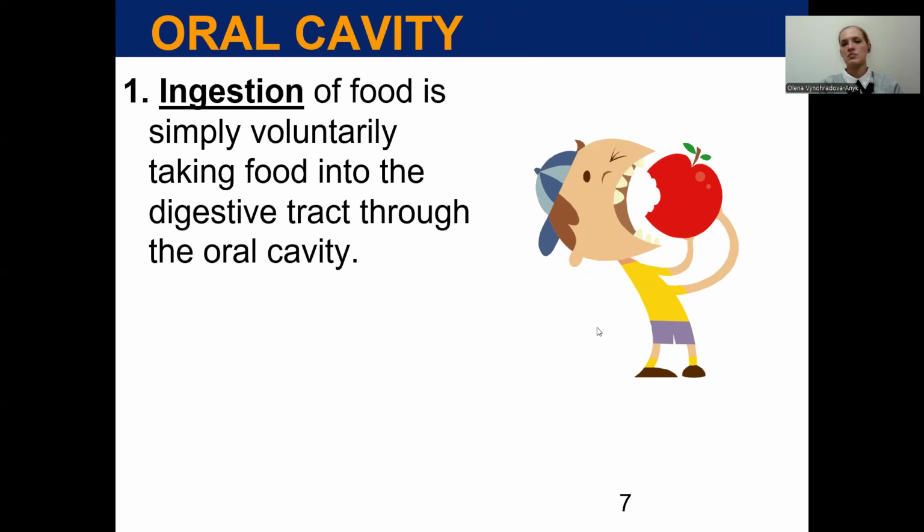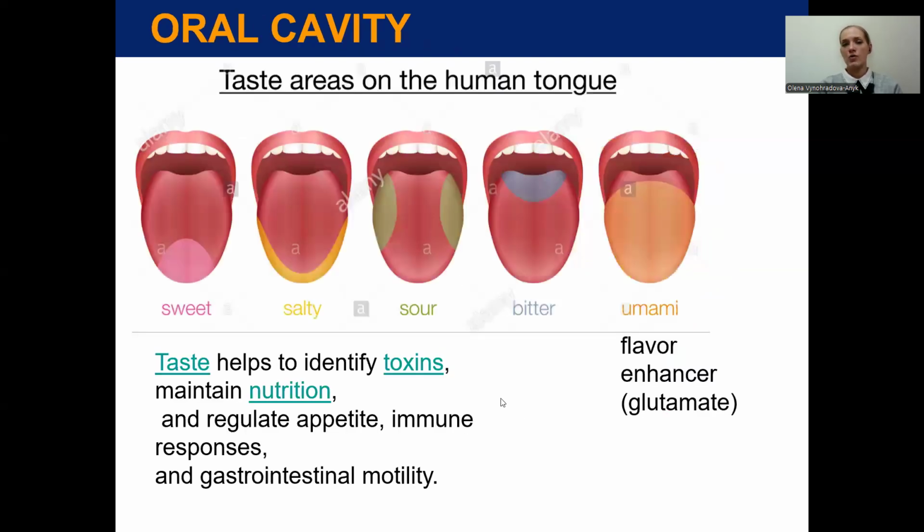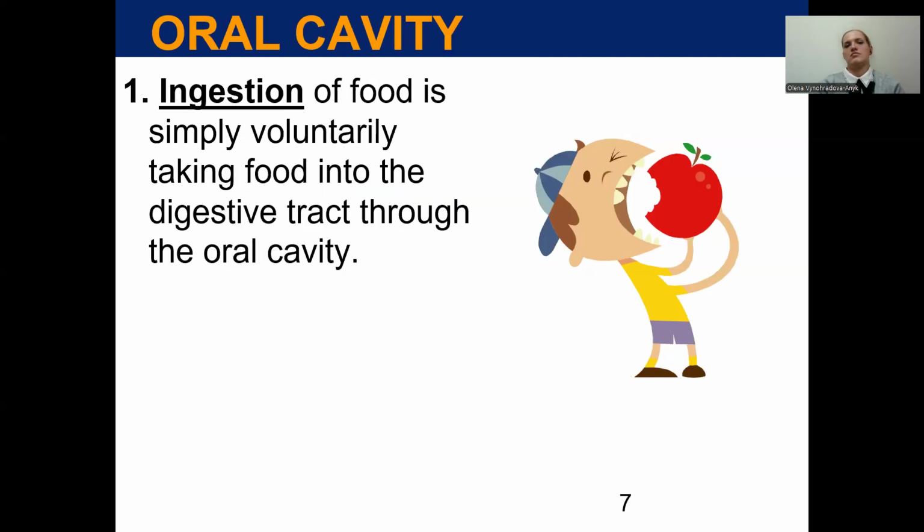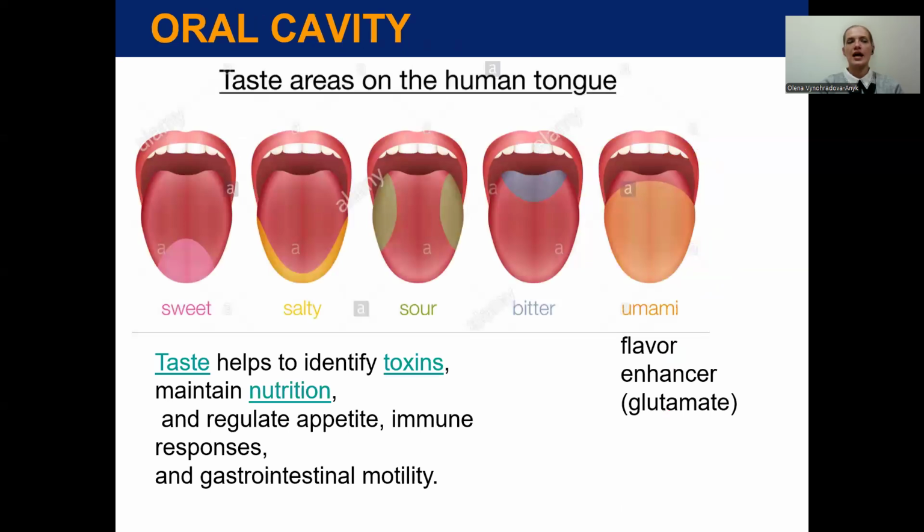Ingestion of food is simply the voluntary taking of food into the digestive tract through the oral cavity. In our oral cavity, we have chewing, mechanical influence on our food, and chemical influence from our saliva. Here we have taste receptors on our tongue.